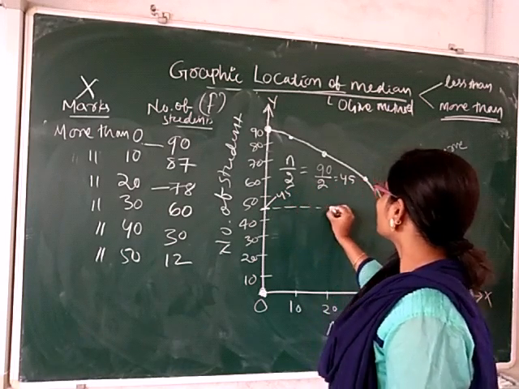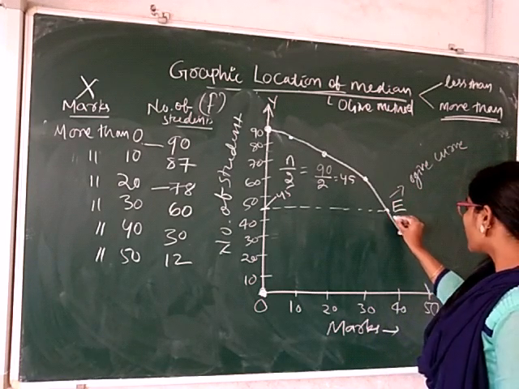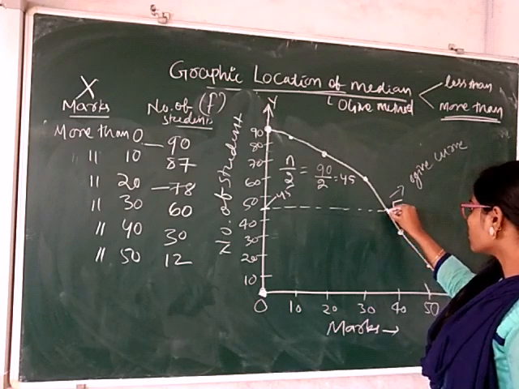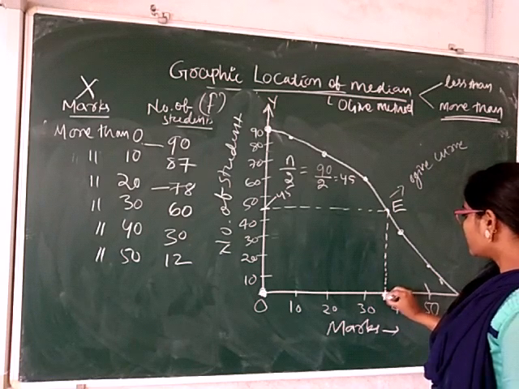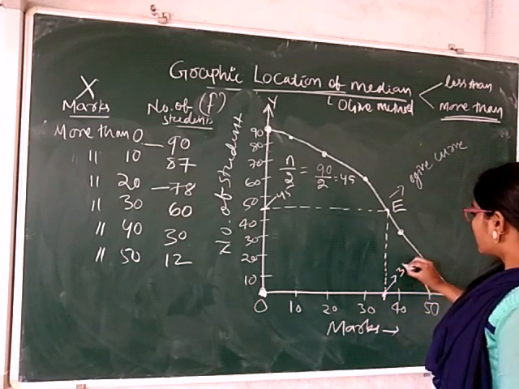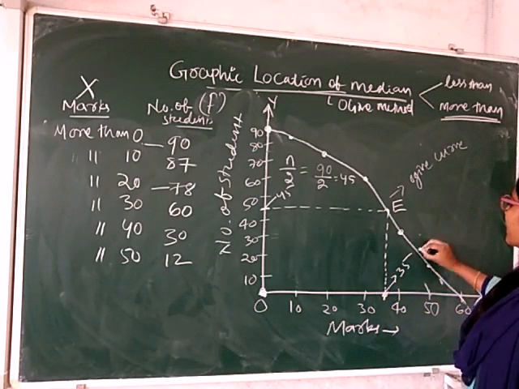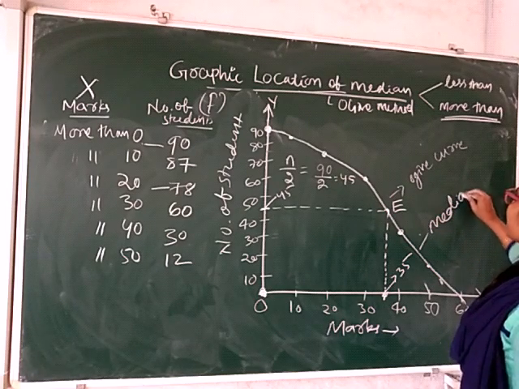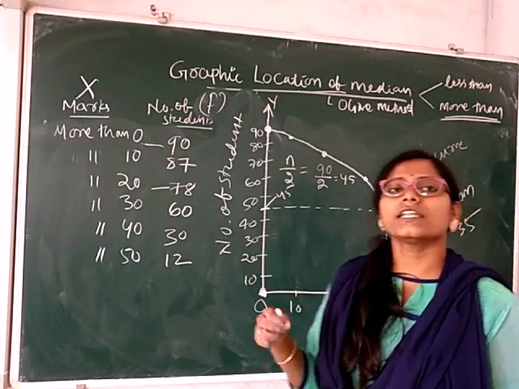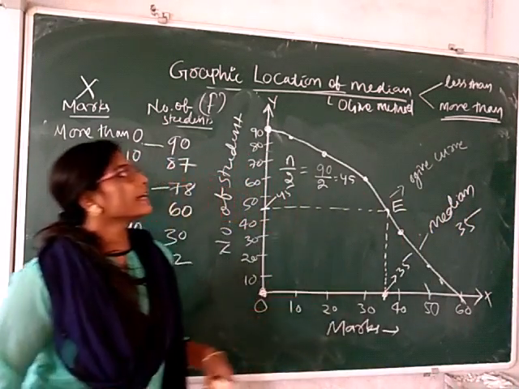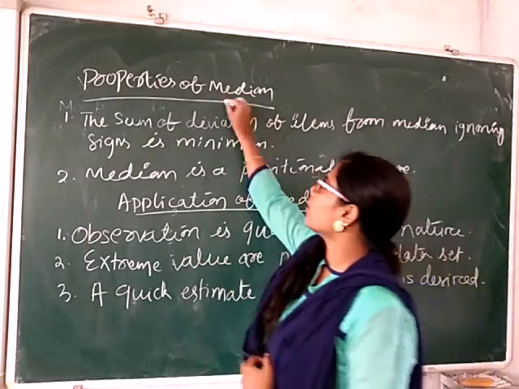Now we join this to the curve and this will be E. Now we join here also, and it comes under 30 to 40. That means the median will be 35. So in the case of the less than and more than series, the median can be plotted on the graph.